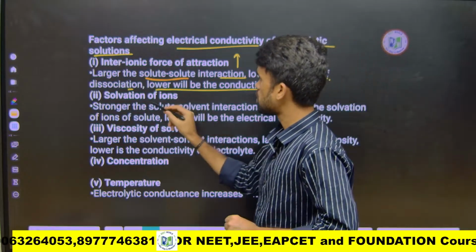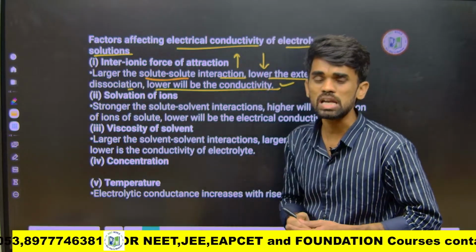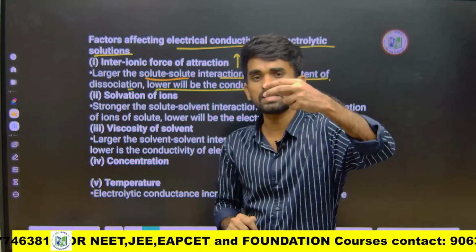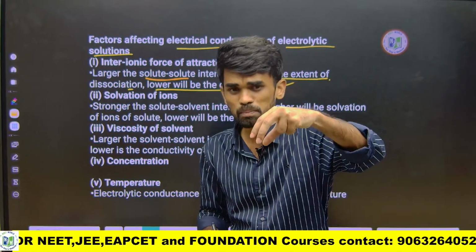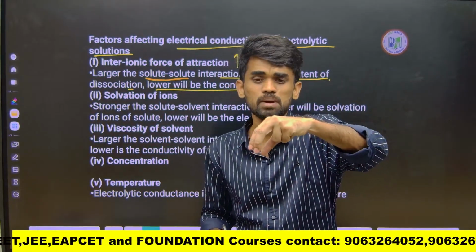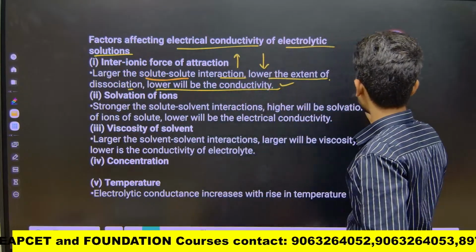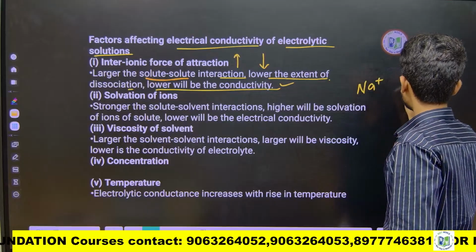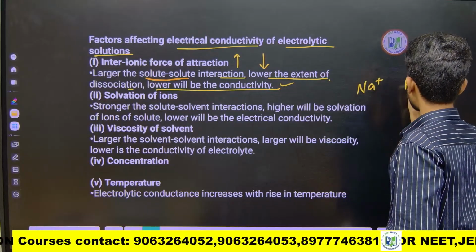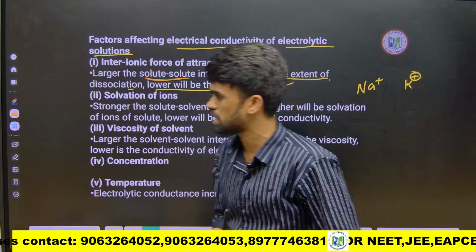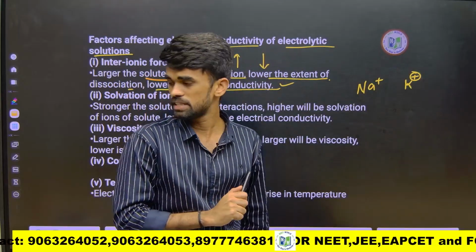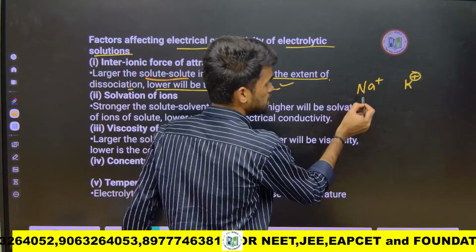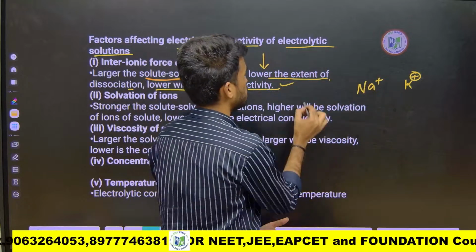Next, solvation of ions. Solvation means, for example, placing an ion in water. Let us take two cations, sodium and potassium, and place them in the aqueous medium, in the water.